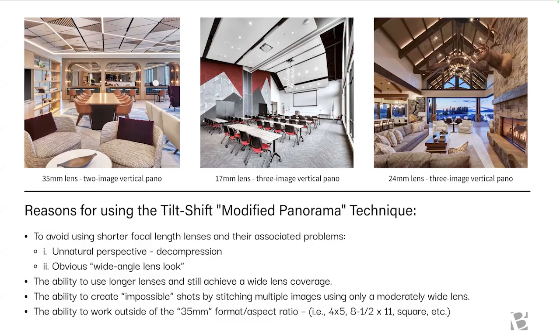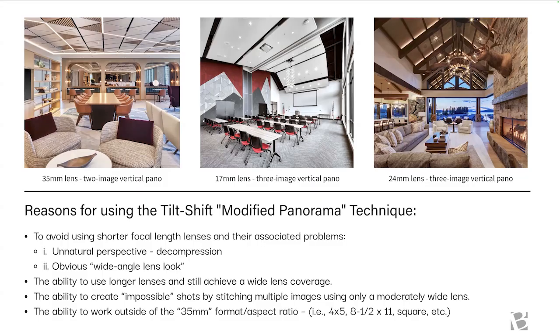To do a vertical panorama, I've used a 35 millimeter lens to give me an image that's almost square here, where I would have probably needed to use maybe a 24 and maybe something that was even wider than that.